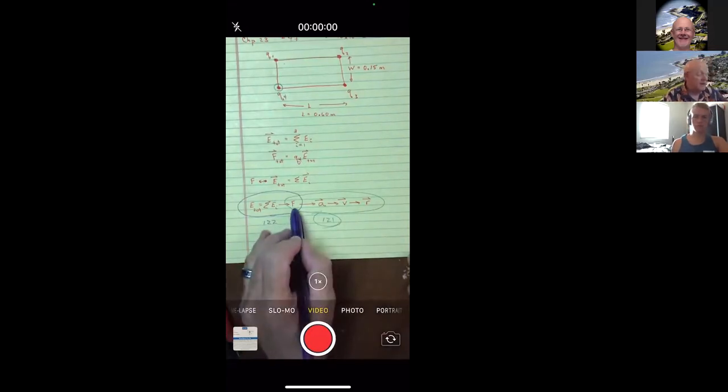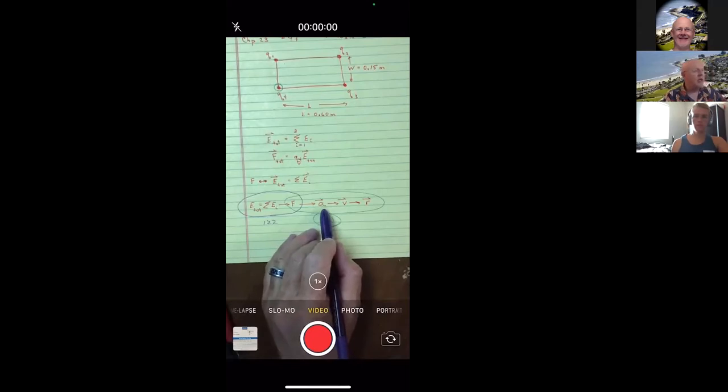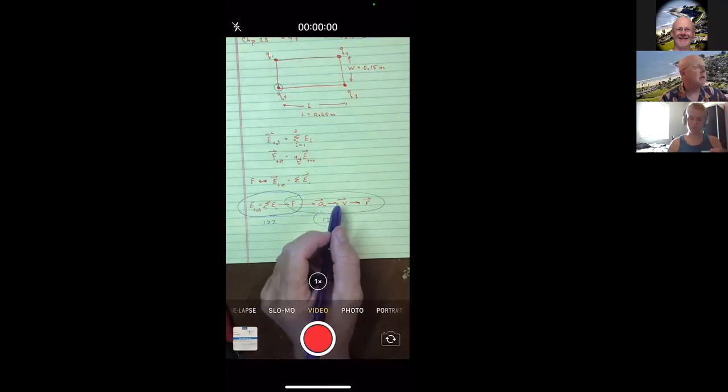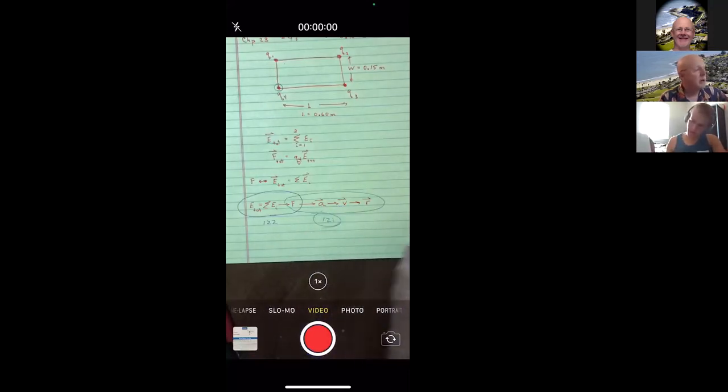Now, if they had given us the mass, then we would need to get the acceleration. And there's a few problems like that. I remember doing those on the first Zoom session. We did one where we needed the acceleration in 41. I think it was problem 41 that we did together.